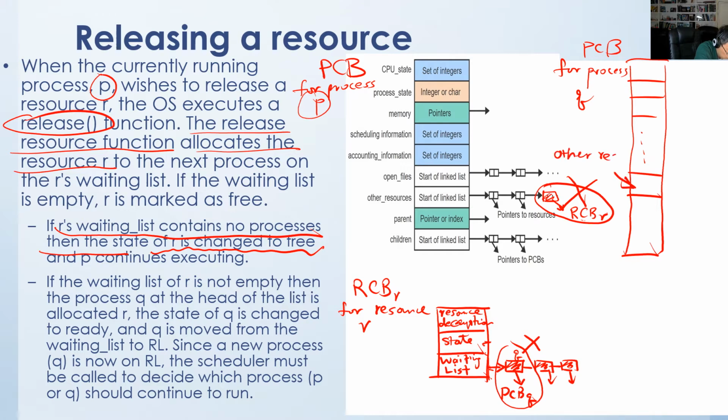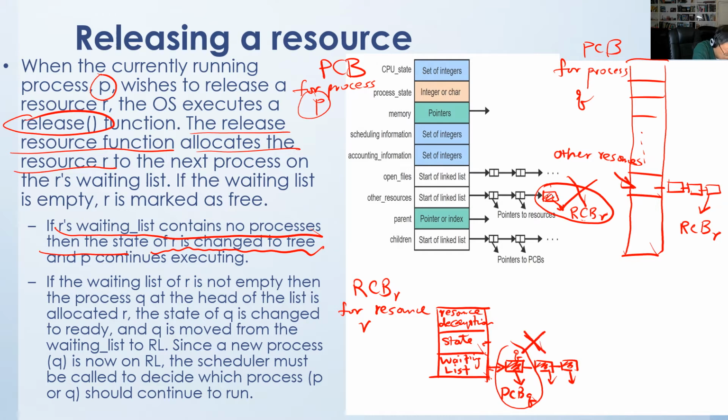There might be other resources already allocated to the process Q, but in this case, because Q is at the head of the waiting list for resource R, Q will be the one to get the resource.